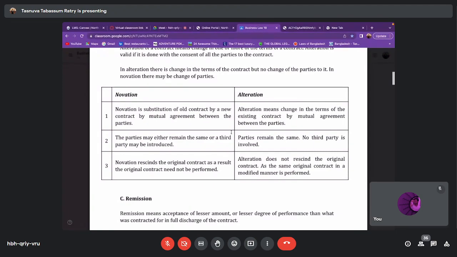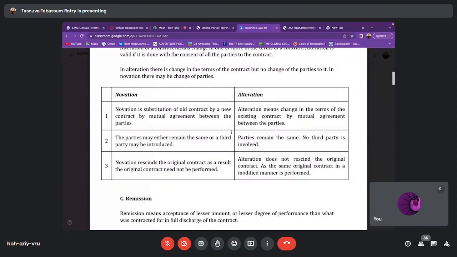In alteration, terms of the existing contract have been changed and parties have mutually agreed to make those changes. As a result, since those terms and conditions have been changed, we say that they have been altered. For novation, novation happens when there is a change in the existing contract due to change of parties or there's a substitution of an old contract.